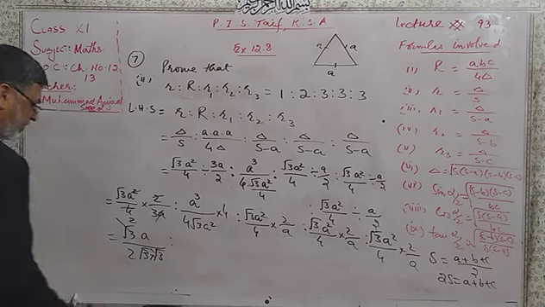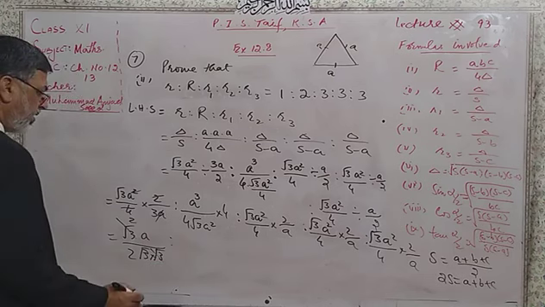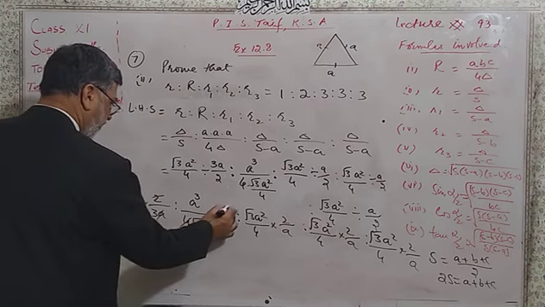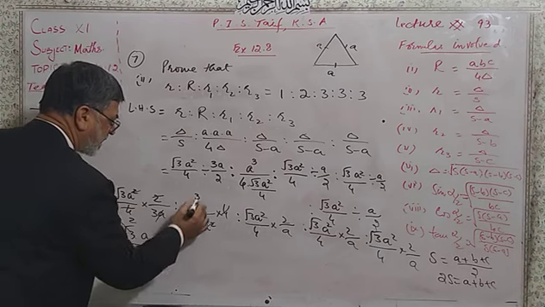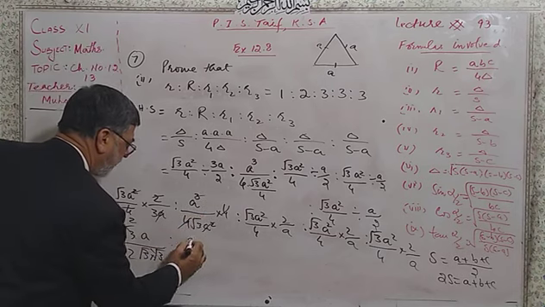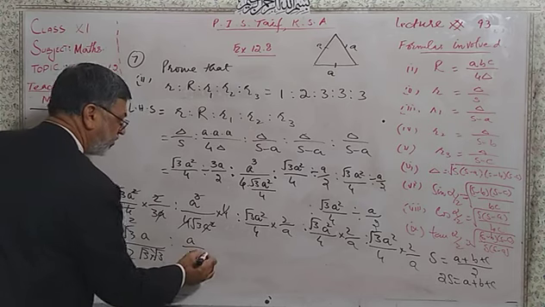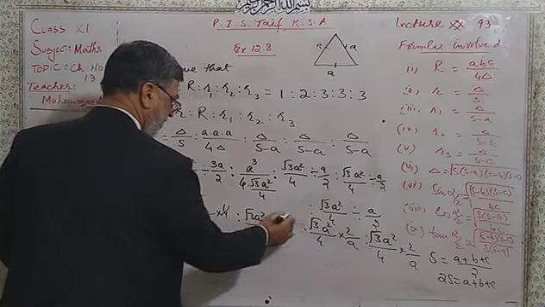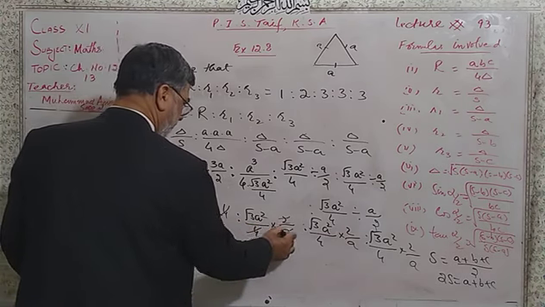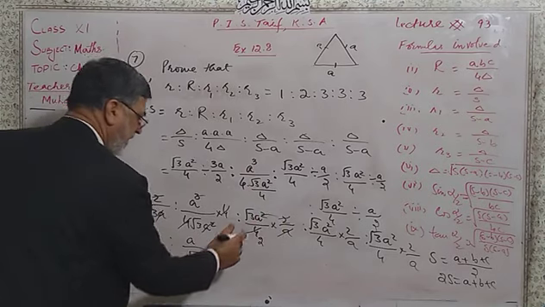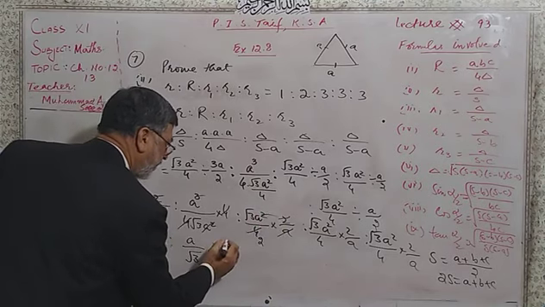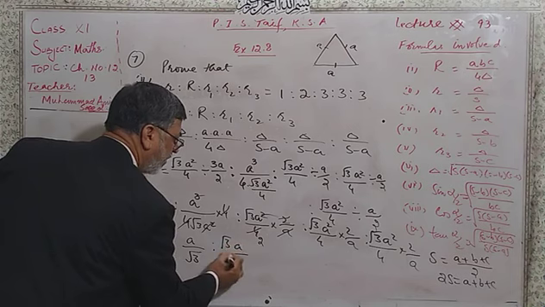So one root 3 will be cancelled out. Here 4 is cancelled, and A square cancelled with one A, so we are left with A over root 3. Then 2 twos are 4, one A is left, root 3 A over 2.